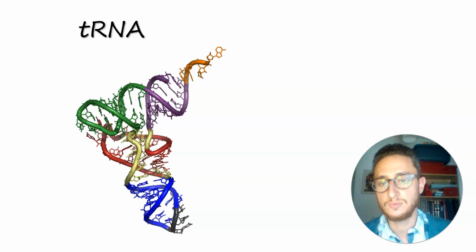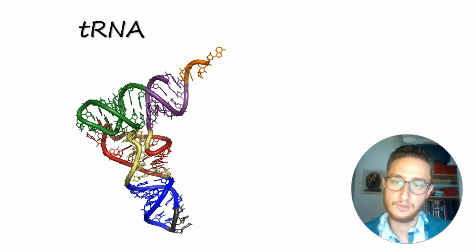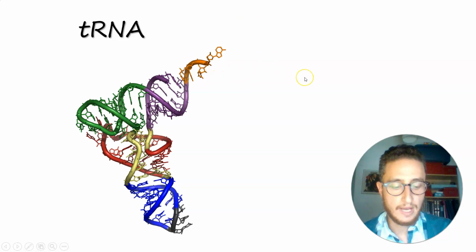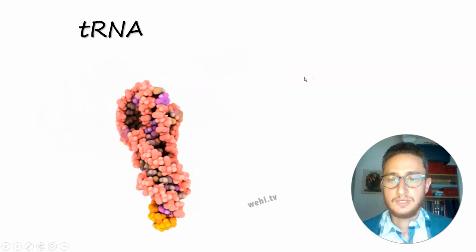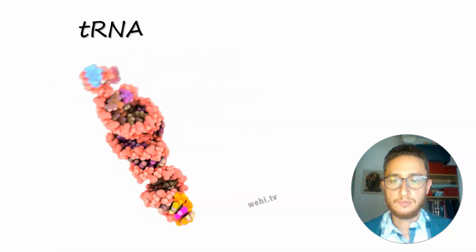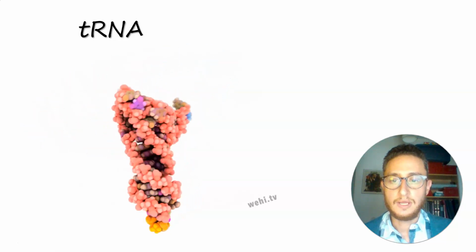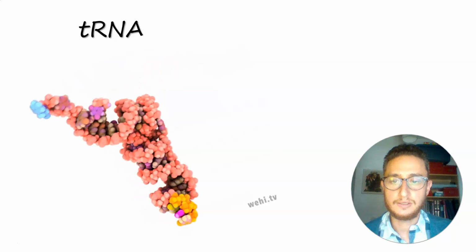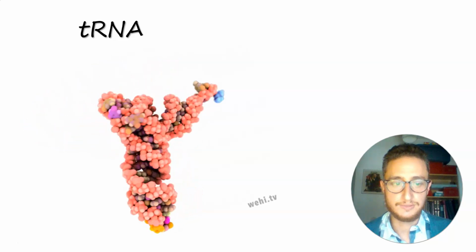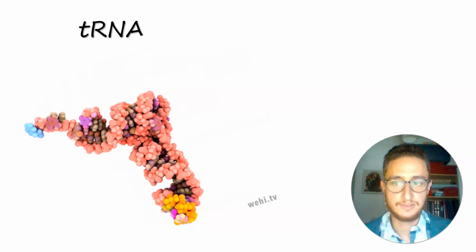Here you can see those loops color-coded with the nitrogenous bases sticking towards the middle, complementary base pairing with each other. And there you can see that free 3' end sticking out, ready to accept an amino acid. And so here's a really cool three-dimensional model of what a tRNA would actually look like if you could see it with your eyes. Amazing, isn't it?